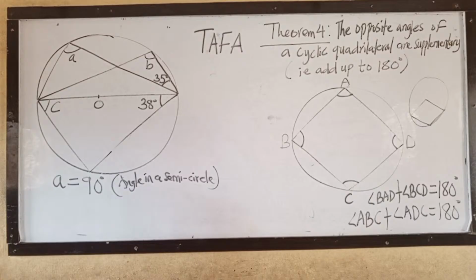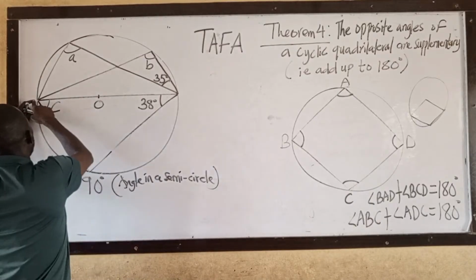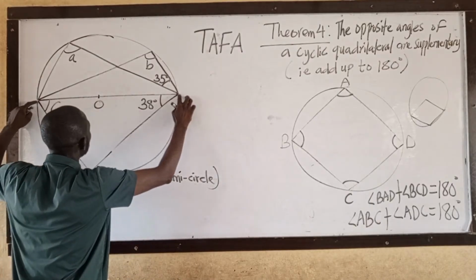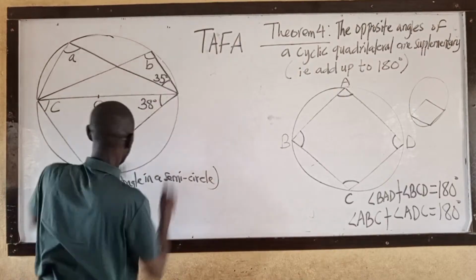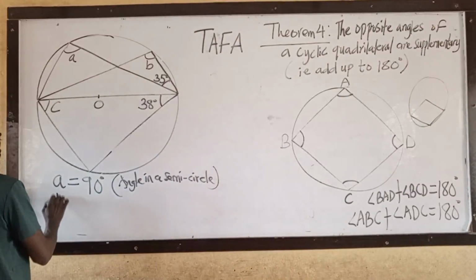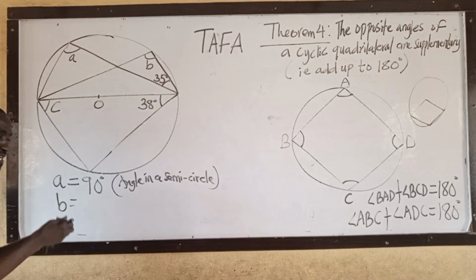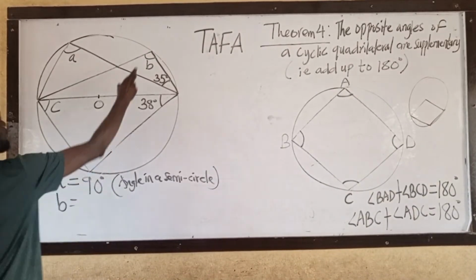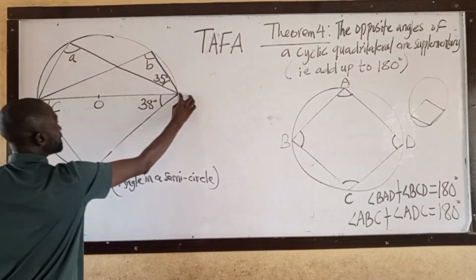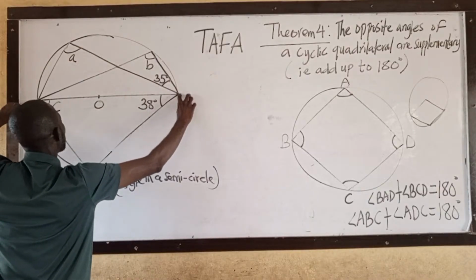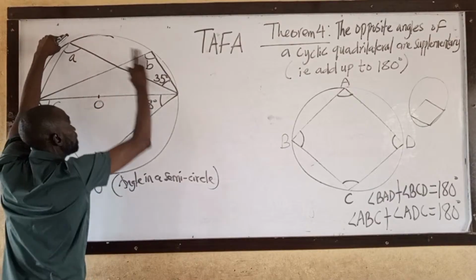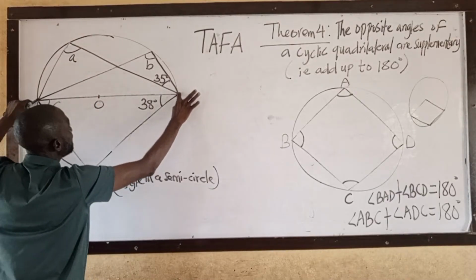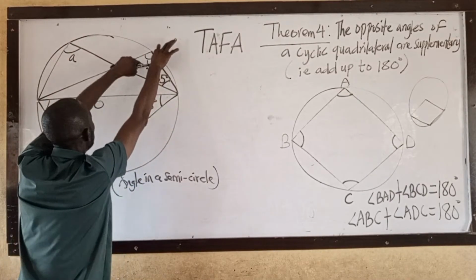B will go to 90 because this is the diameter, then travels to the circumference. So A and B are equal. And again, angles in the same segment, because it's the same arc. This arc carries A and B to the circumference.